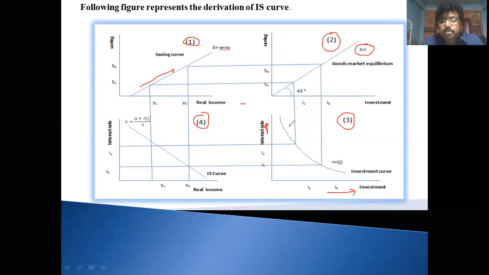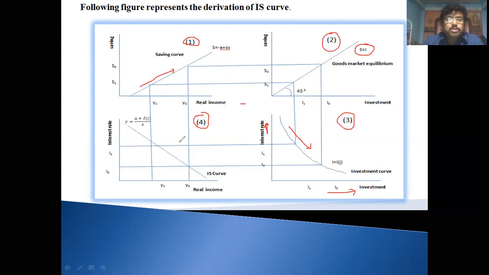So if investment increases, then the rate of interest falls. There is an inverse relationship. This represents this type of situation.